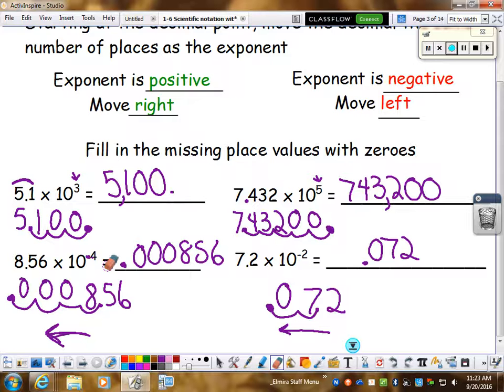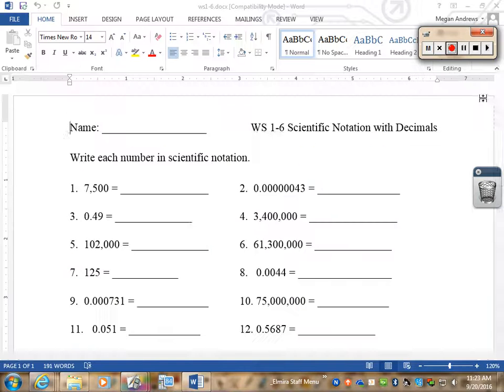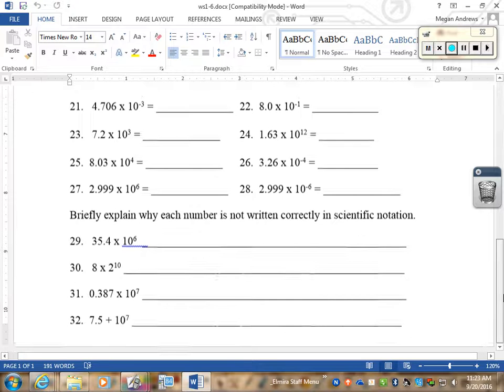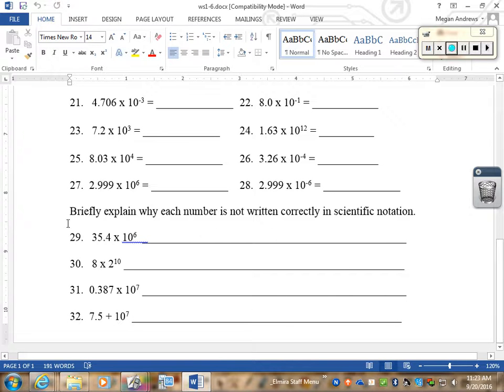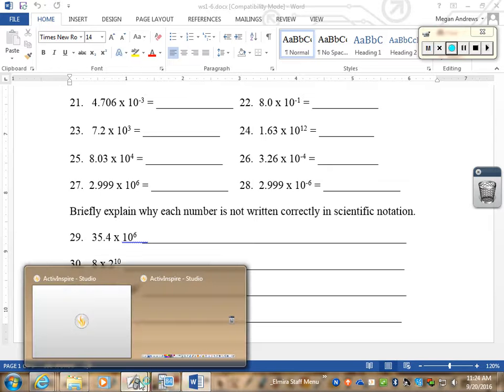Okay? On your homework, let me get that opened up. Down at the bottom, we've got: briefly explain why each number is not correct scientific notation. So, just a reminder of what correct scientific notation looks like.